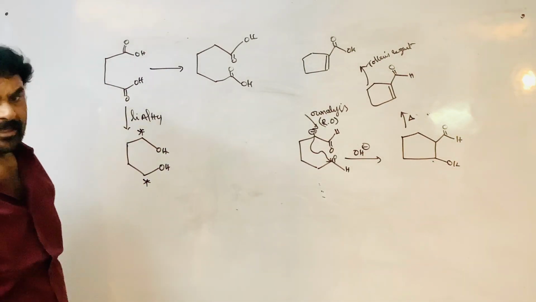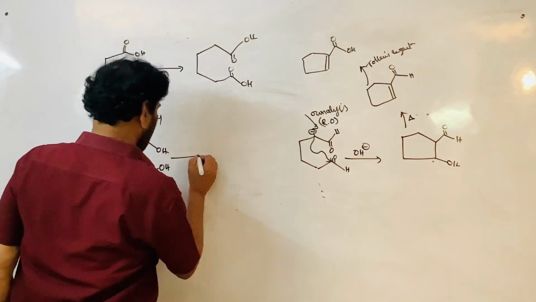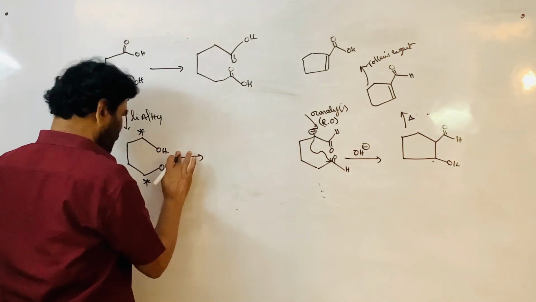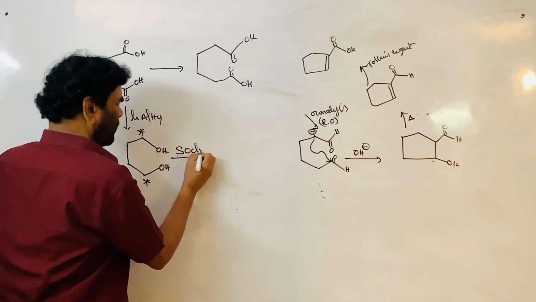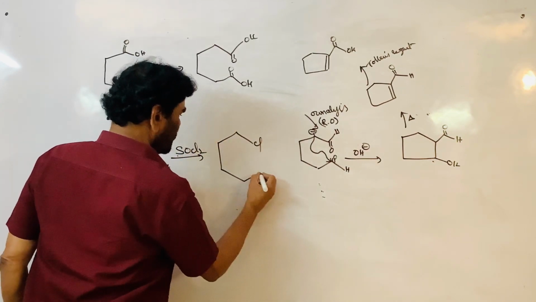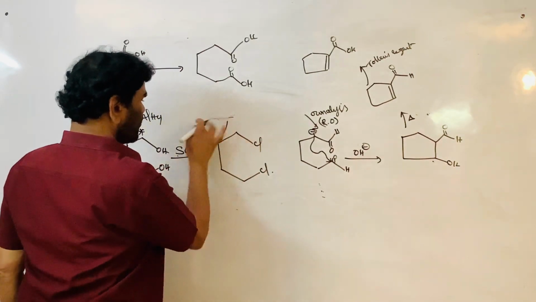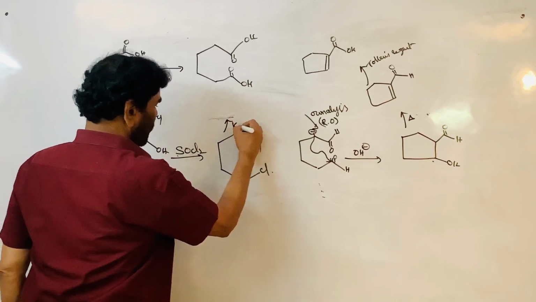Alcohol on treatment with lithium aluminum hydride is reduced to the primary alcohol. Now treat with PCl5 or SOCl2. Now it is converted to the alkyl chloride, right? 4 carbon containing. Now it is treated with potassium cyanide.